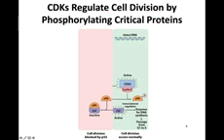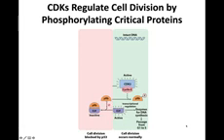Cyclin-dependent kinases regulate cell division by phosphorylating critical proteins. Transcription factor E2F promotes transcription of genes for certain enzymes for DNA synthesis that leads to passage from G1 to S phase.